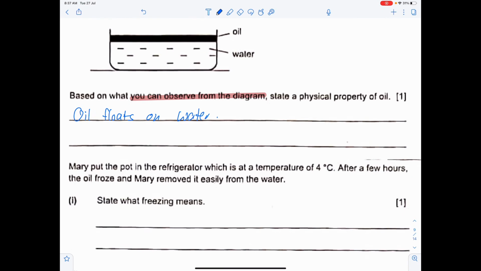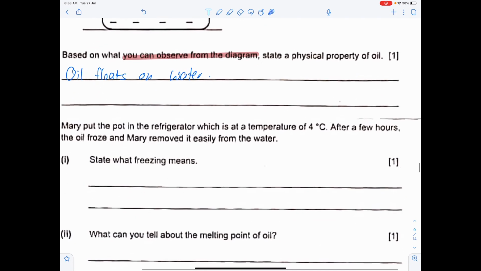Now, next question is where I think all of you got this question wrong. Don't even have a single person that didn't get it wrong, correct. Okay, Mary put the pot in the refrigerator, which is at a temperature of 4 degrees Celsius. After a few hours, the oil froze and Mary removed it easily from the water. So the first question asks you, state what freezing means.